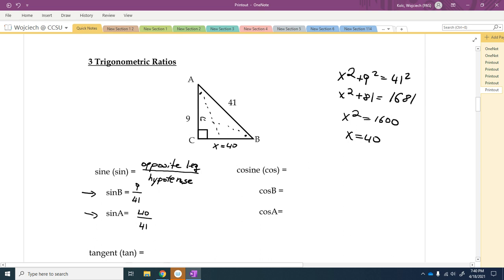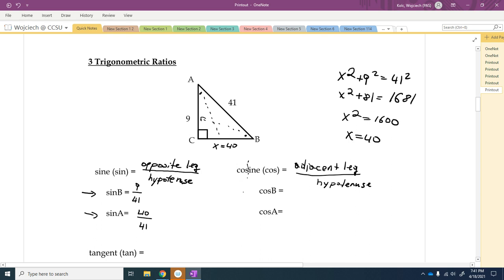So what is cosine? The abbreviation is COS, and by definition, cosine is the ratio of adjacent leg over hypotenuse. Adjacent means the leg has to be next to it, touching, like adjacent rooms.